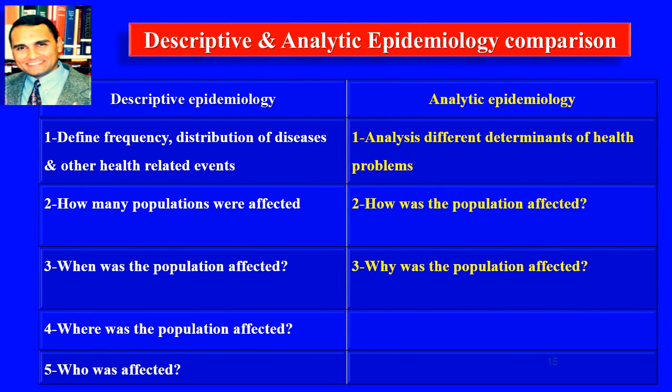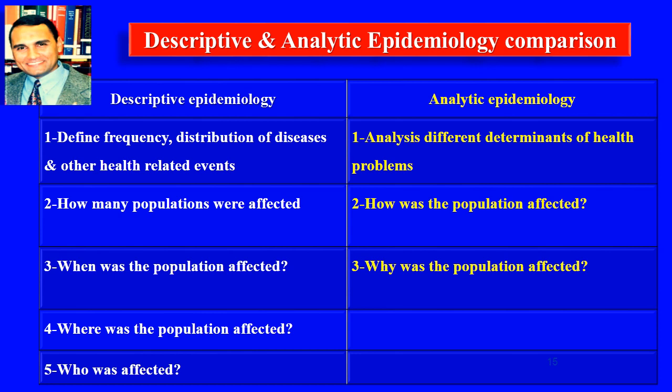Comparison between descriptive and analytical epidemiology. Descriptive epidemiology defines the frequency and distribution of diseases and other health-related events, while analytical epidemiology analyzes the different determinants of diseases and other health problems. In descriptive epidemiology, we look for how many in the population were affected, and at the same time, in analytical epidemiology, how was the population affected?